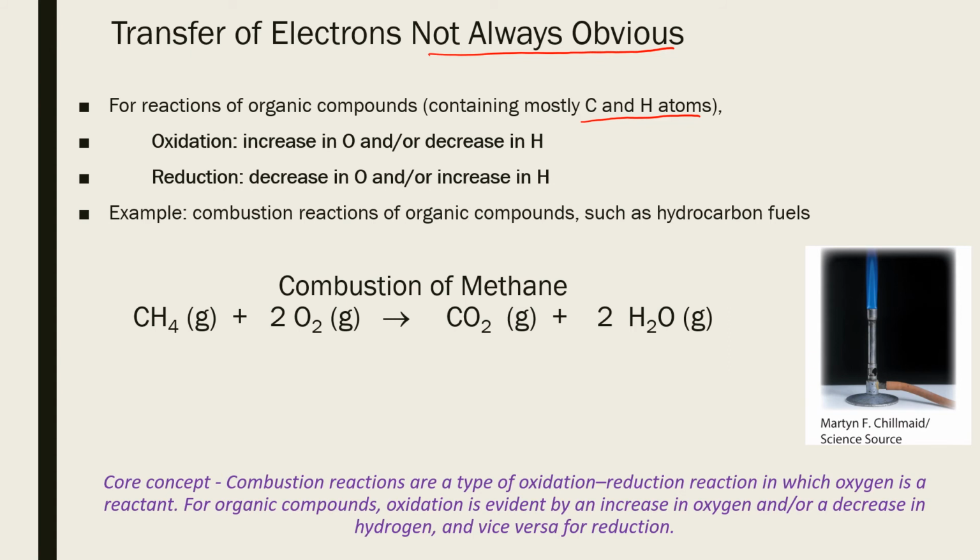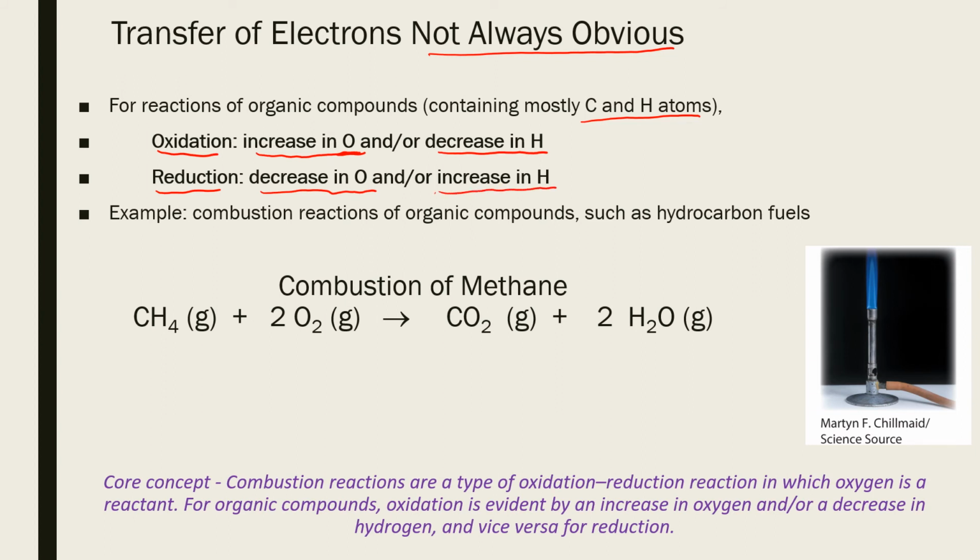So oxidation process can also be defined as increase in number of oxygens or decrease in number of hydrogens. And opposite is true for reduction. So in other words, reduction is defined as decrease in oxygen atoms and increase in hydrogen atoms.